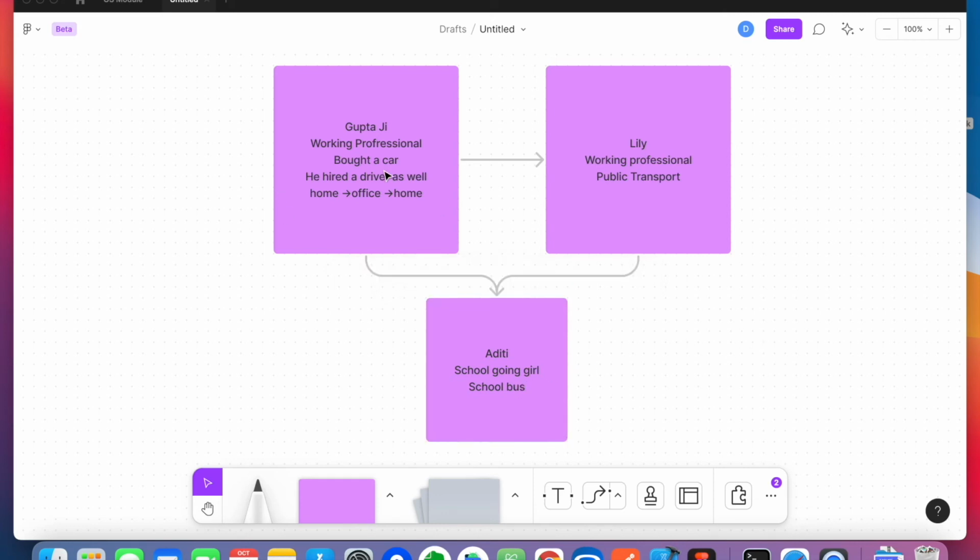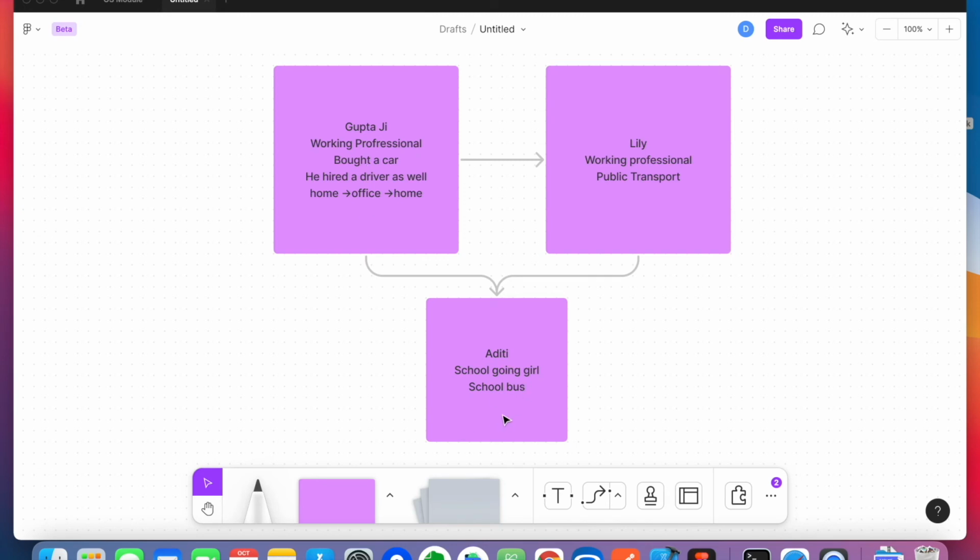He realizes very soon that his driver is basically sitting idle while he is working in office. So he used to drop him at 9 o'clock in the morning, and till around 6 o'clock he used to just sit idle in the parking area and roam here and there. That's what he was doing between those times.